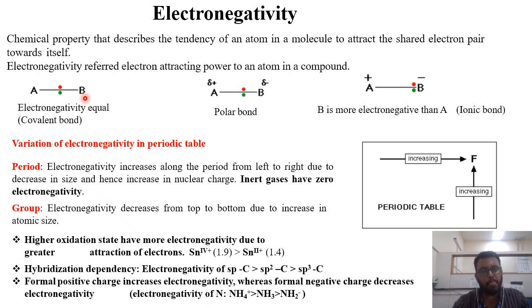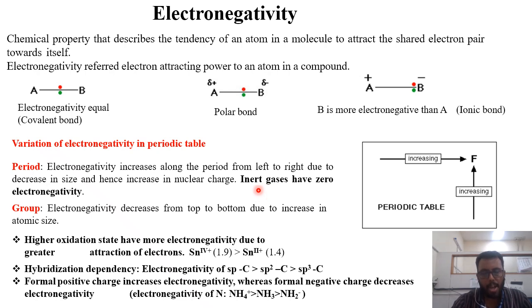So obviously it will gain some partial negative charge, and that's why, when the electron in the middle is moved toward atom B, it gains the partial negative charge. It is moving away from A, so A is gaining del positive.